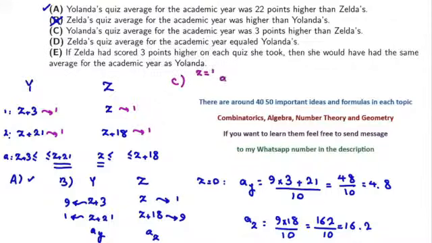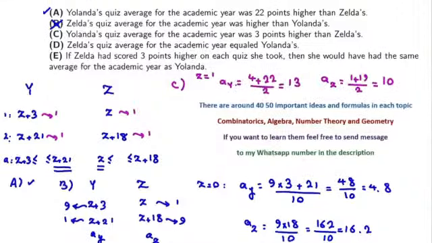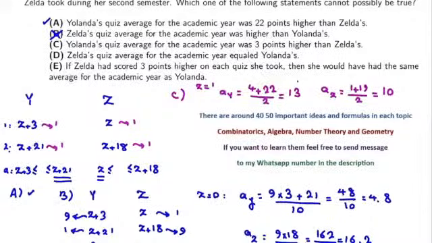So AY will be what? 3 points higher. 1 plus 3, 4, plus 22, over 2 is 26 over 2, 13. AZ equals what? 1 plus 19, 20 over 2, 10. So AY, Yolanda's quiz average for the academic year, is 13, 3 more than 10. Okay, so it is possible.